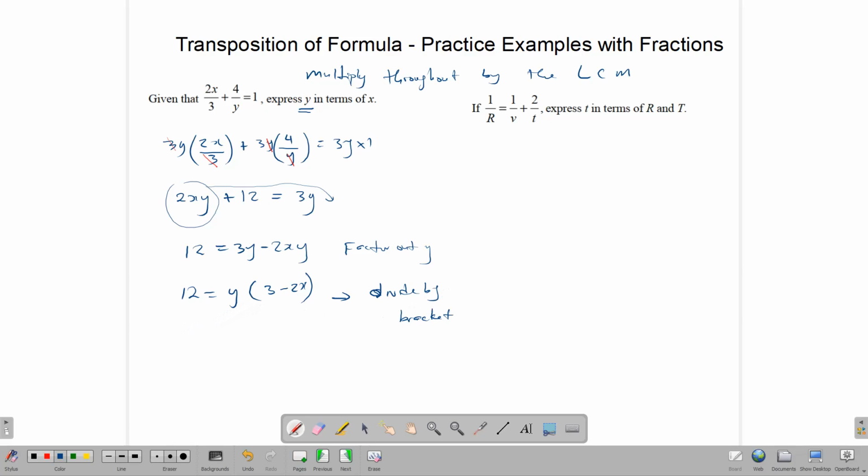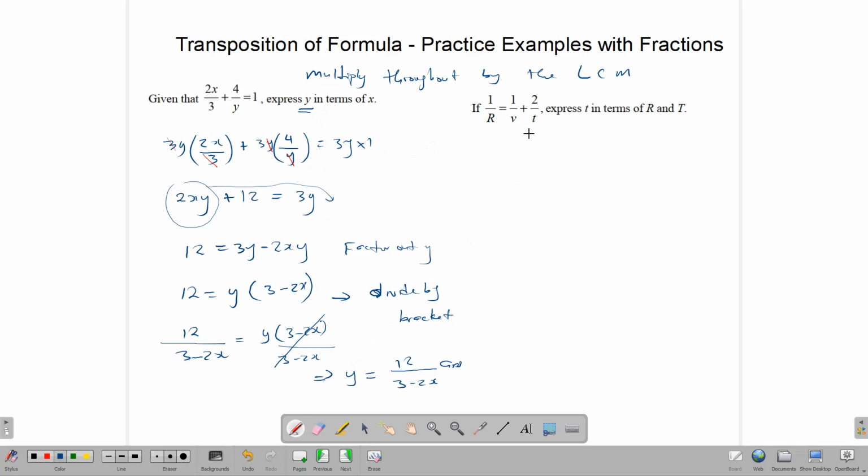So we're going to have 12 over 3 minus 2x is equal to y times 3 minus 2x over 3 minus 2x. This will cancel this. So your answer is going to be y is equal to 12 over 3 minus 2x. We have made y the subject of the formula.